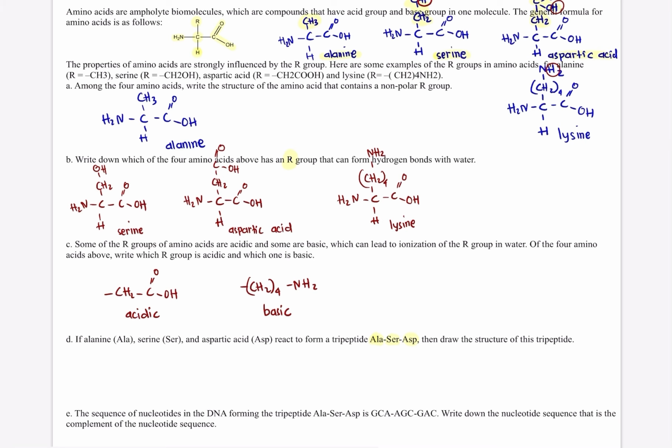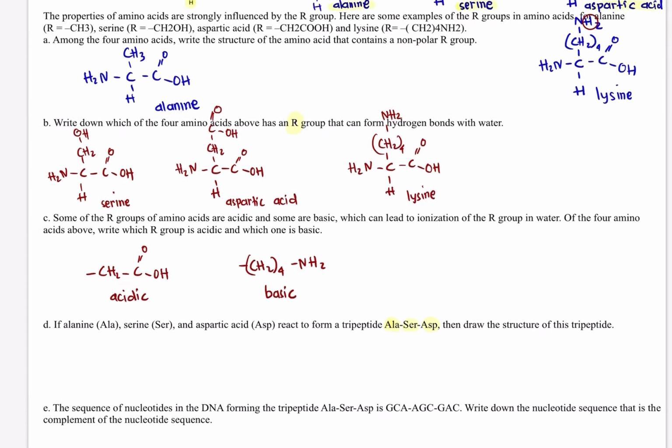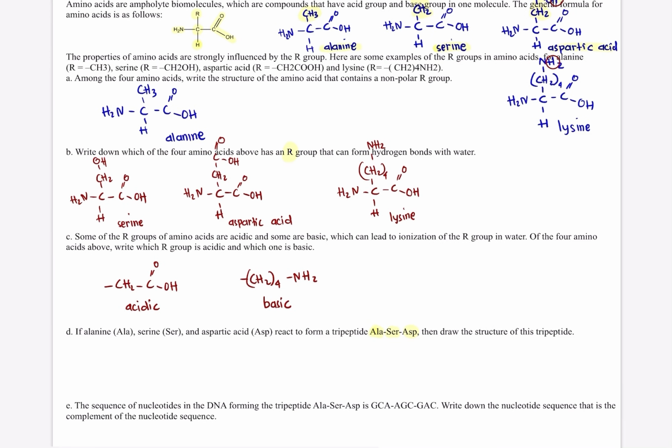So now let's start with the alanine, something like this. Here we have H2N, C. This is the R group of the alanine, CH3. This is hydrogen. And now we have the carboxylic acid which reacts with the amine of the serine group.